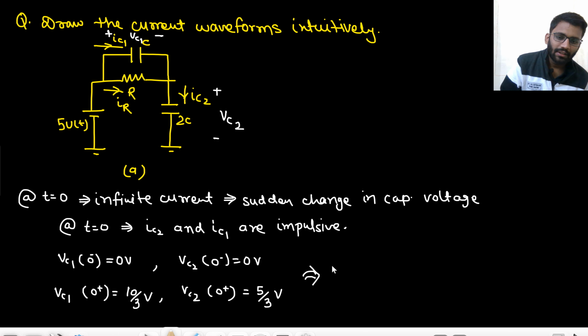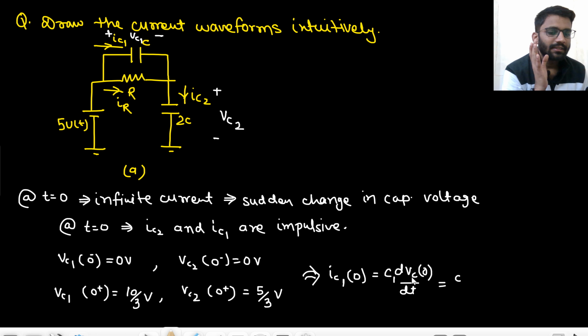So what is your IC1 at t equals to 0? That would be C dVc by dt at t equals to 0. That means C1, what is the value of C1? C1 is C. Change in capacitor voltage with respect to time.